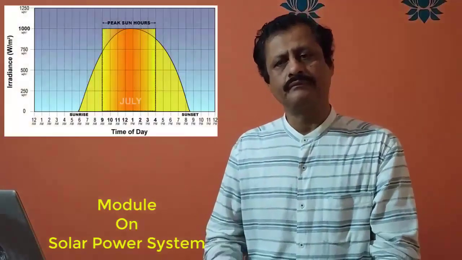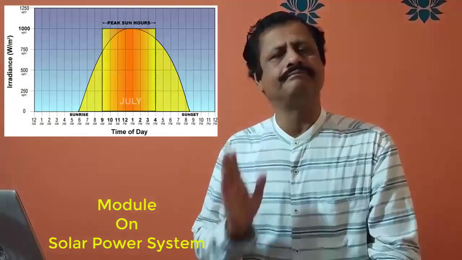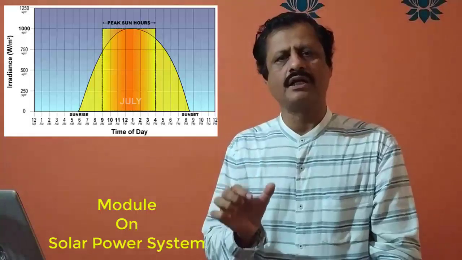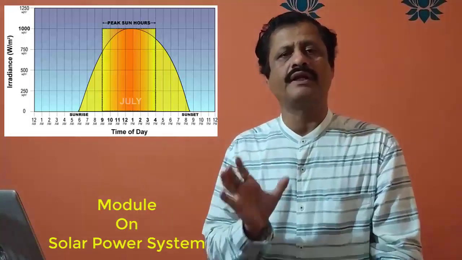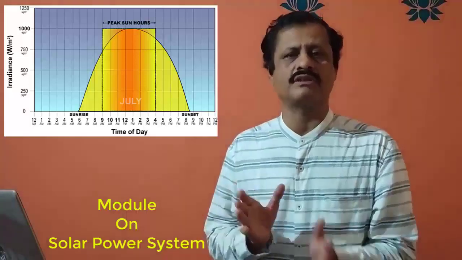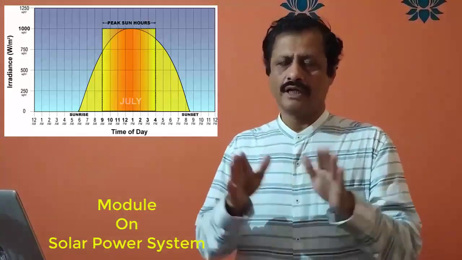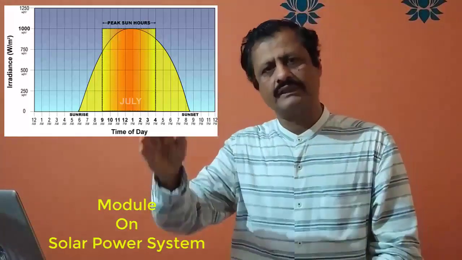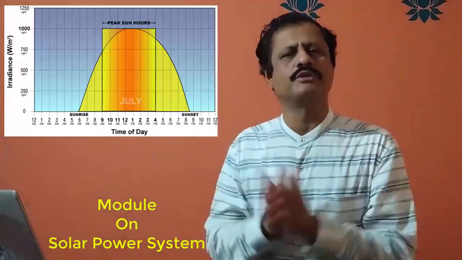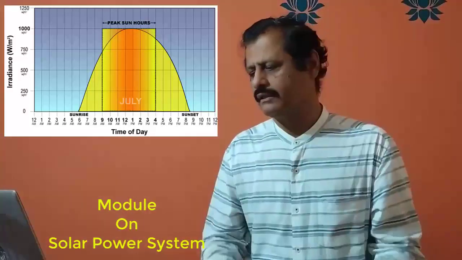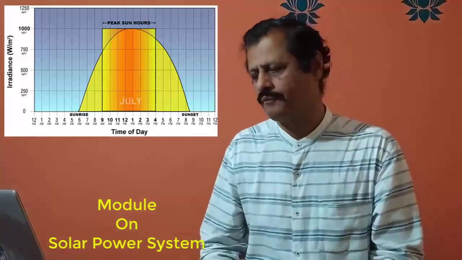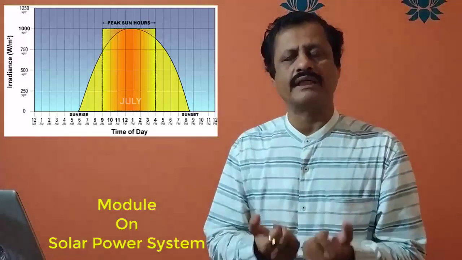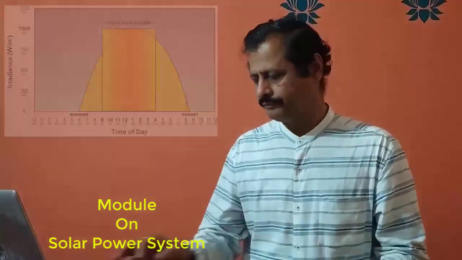But real output starts around 10 a.m. to around 3 p.m., which is the best ideal period to generate maximum voltage, maximum generation in watt hours. In the remaining period, from 7 to 10 it starts increasing, and after 3 it starts coming down. By 6 o'clock in the evening it becomes 0. So this is most important, because this is the peak period during which you have to exploit maximum generation and utilize this power.